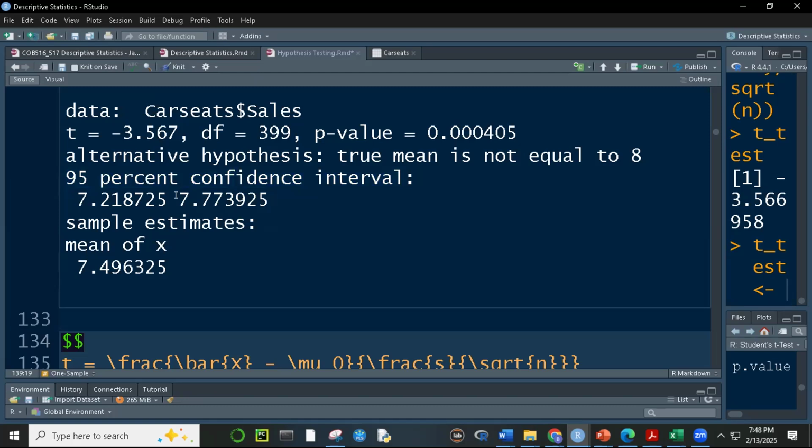This tells us that the real mean of our sample lies between 7.21 and 7.7. In fact, the computed sample mean is 7.496. But we have 95% confidence that the real mean of our sample lies between 7.22 and 7.77. So, in this interval, you cannot find 8, right?